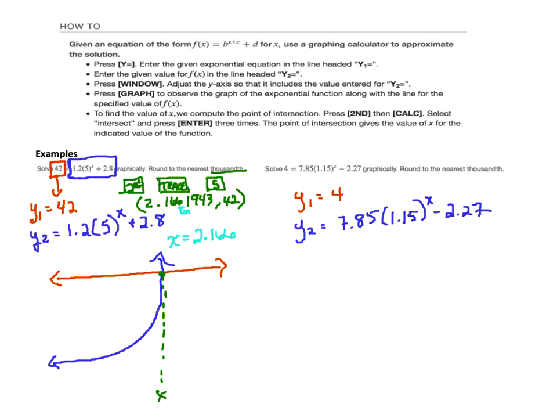Guess, don't worry. Just hit enter. And I am getting the intersection point as negative 1.608. And of course, a y value of 4, since that's where my horizontal line is. So in this case, my x is equal to negative 1.608.